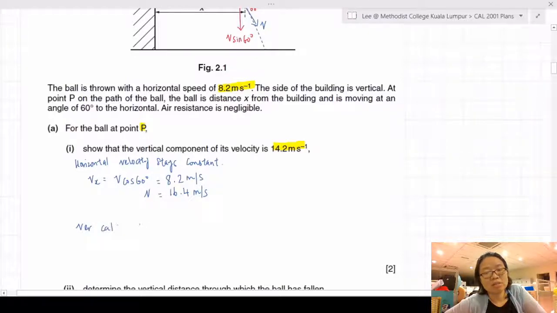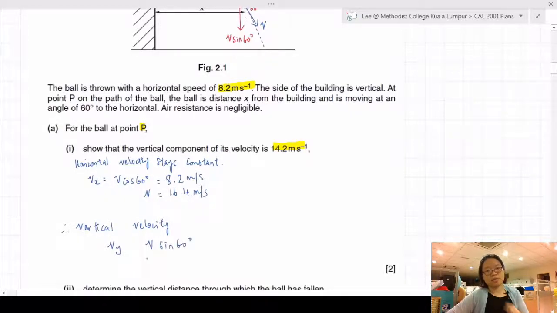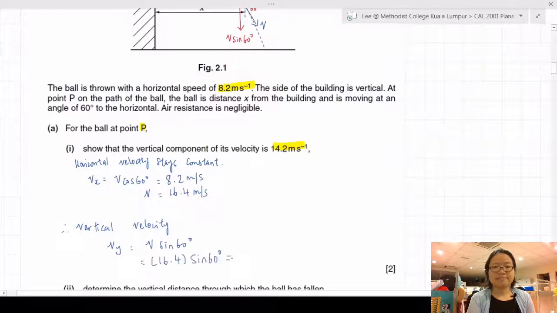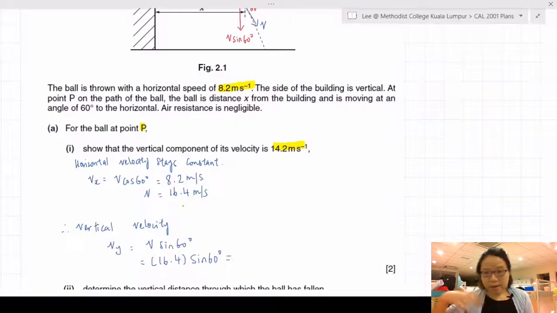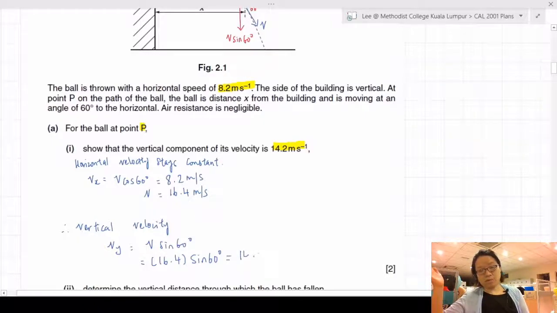For the vertical component, after you resolve, the vertical velocity Vy will be equal to V sin 60. So I will just substitute 16.4 sin 60. Now you get 14.2. Even if you can't get 14.2 in the earlier part of the question, you can still use the 14.2. Don't worry about it. That's the reason why they give you the answer, so that you don't leave the whole question blank.